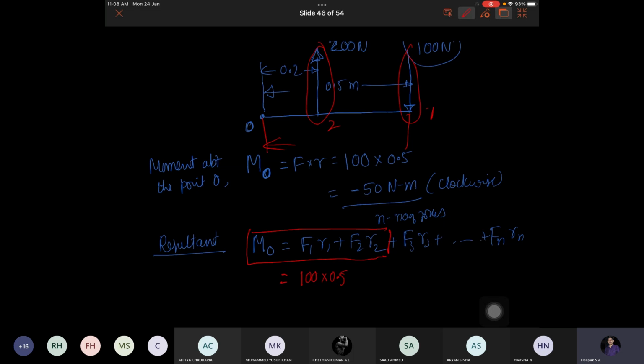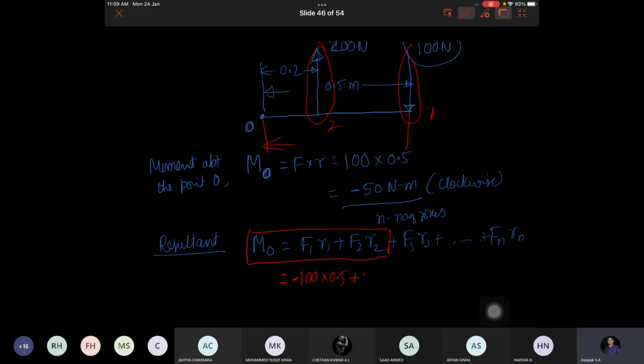Since clockwise is negative, you use minus here itself. This is making clockwise, so you use minus here. Then what about the second force? Is it making clockwise or counterclockwise? Anti-clockwise, very good. So that will be positive.